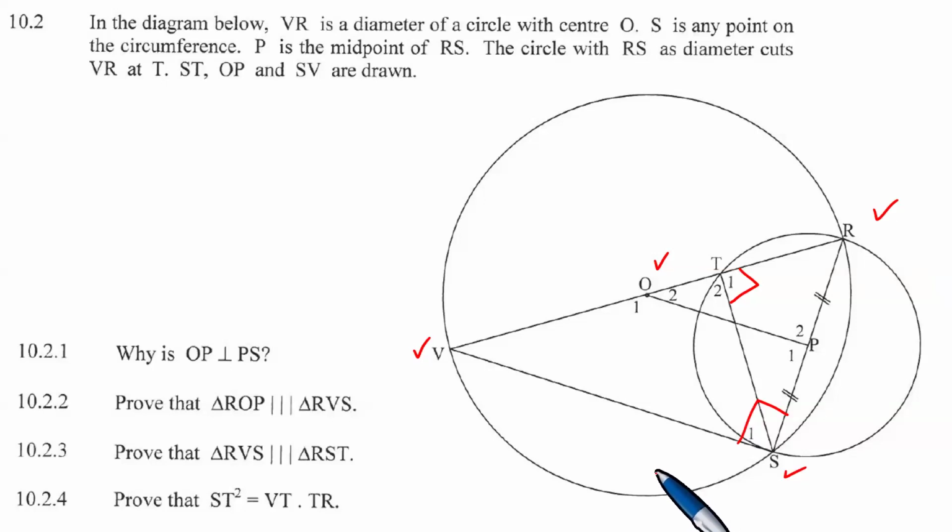The second circle has RS as diameter. Cut VR at T. ST, OP, and SV are drawn.